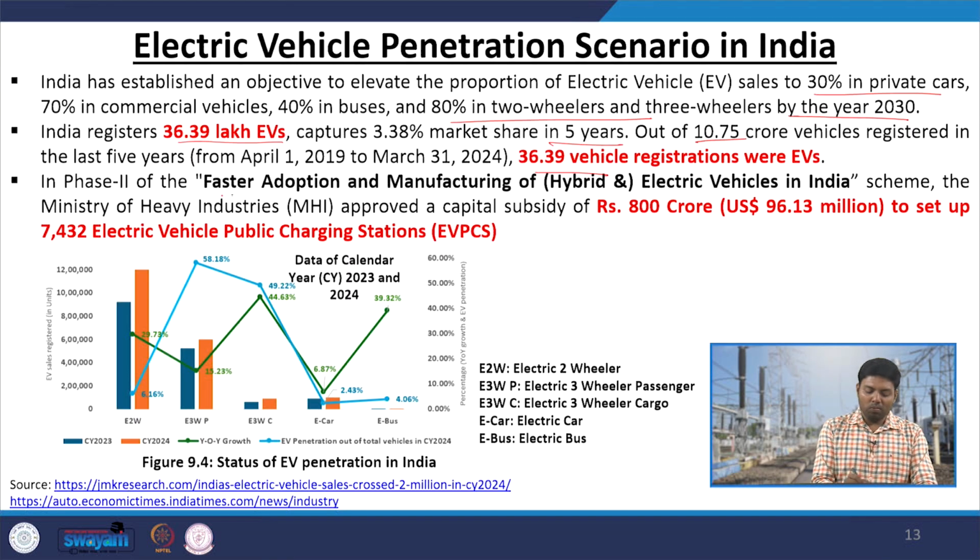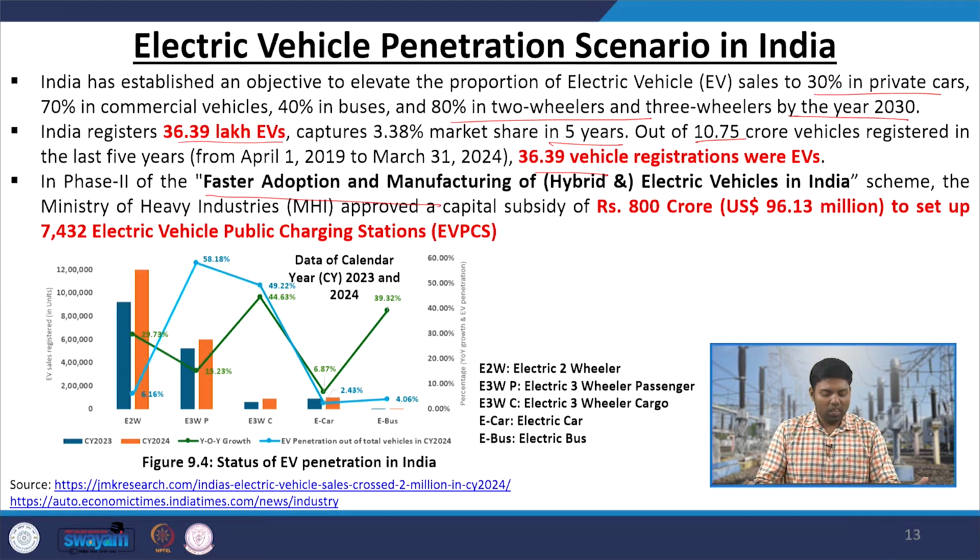And also, the Government of India is more focused on investing money or giving subsidy to build electric vehicle public charging stations worth 800 crore rupees, to set up almost 7,432 charging stations.